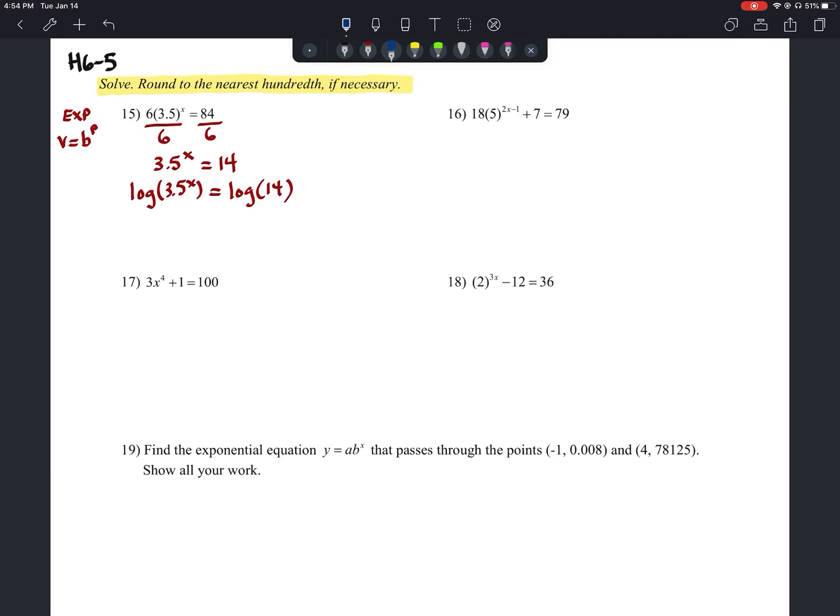That will allow us to apply the power property here and move our x out in front. So we've got x times the log of 3.5 is going to equal the log of 14. And now to isolate x, we're going to go ahead and just divide each side by the log of 3.5.